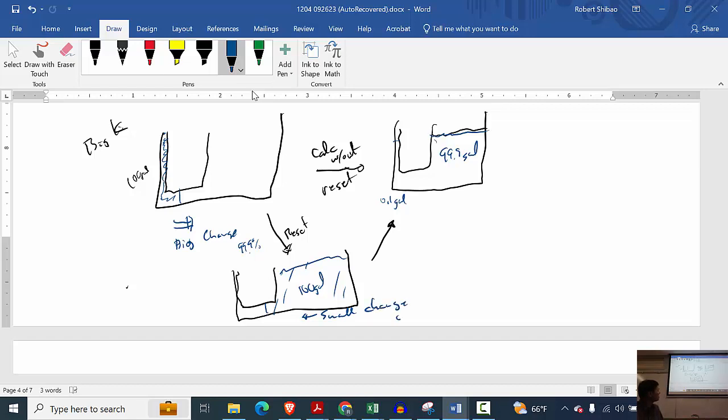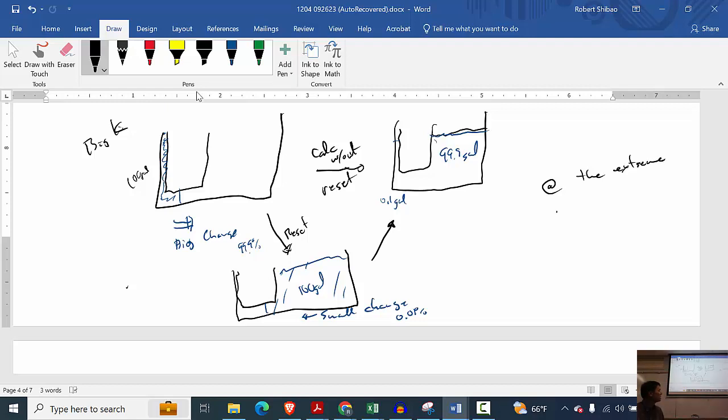And the small change is just going to be 0.01%. Now, what's the advantage of that? The advantage is probably due to your calculator. At the extremes, your calculator is going to fail. If it were just like this, 99.9 and 0.1, it won't fail. Your calculator will be okay.